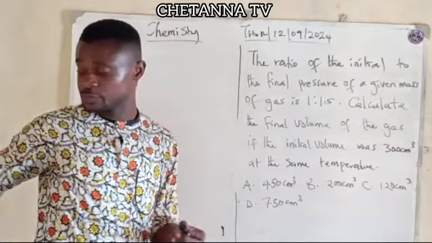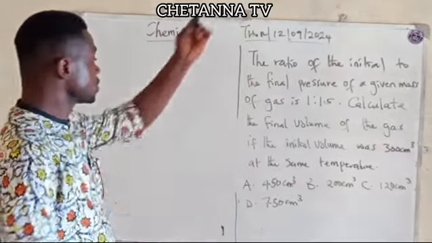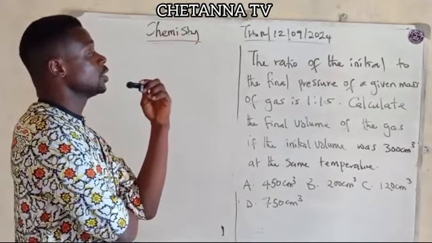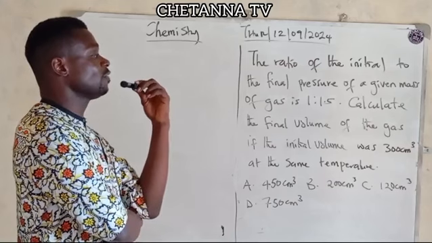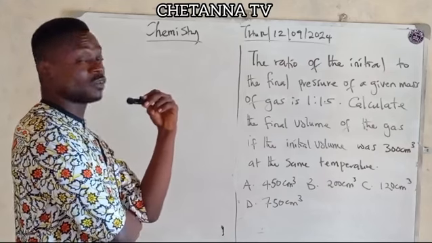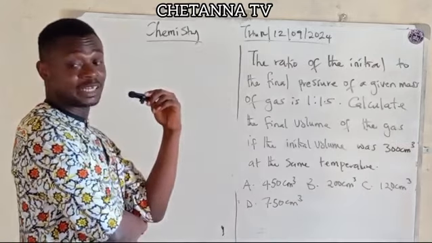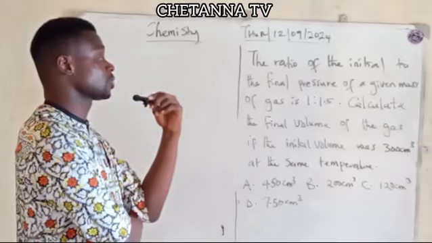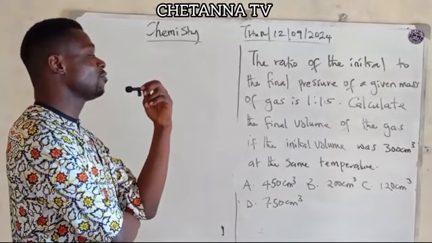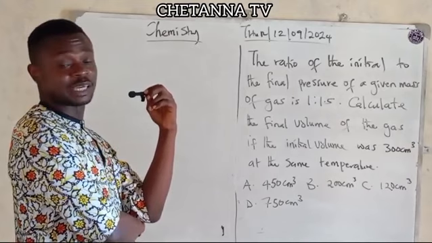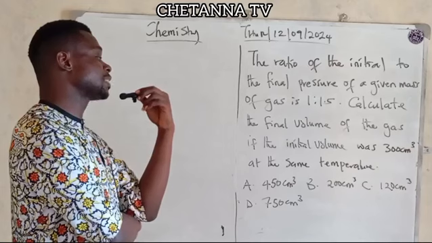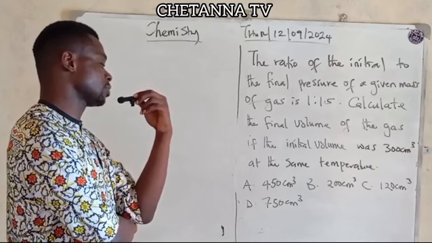Solve this question. The question says the ratio of the initial to the final pressure of a given mass of a gas is 1:1.5. Calculate the final volume of the gas if the initial volume was 300 cm cube at the same temperature.